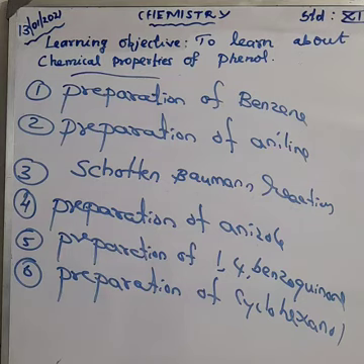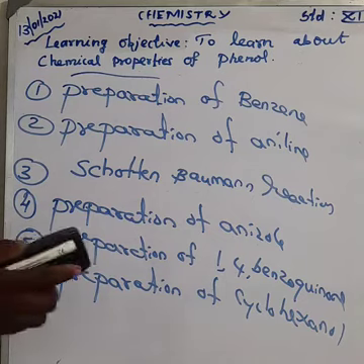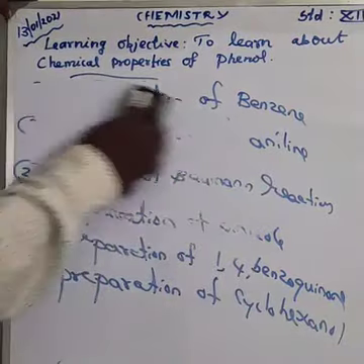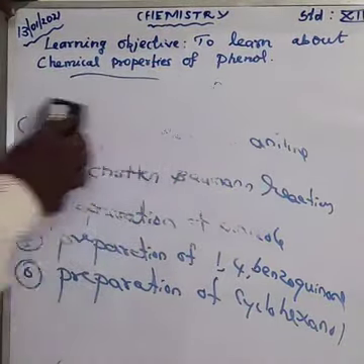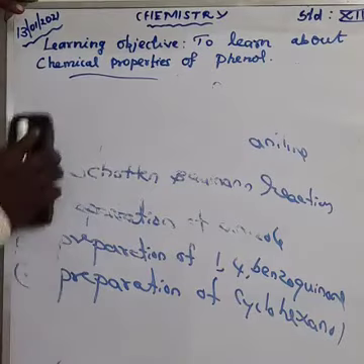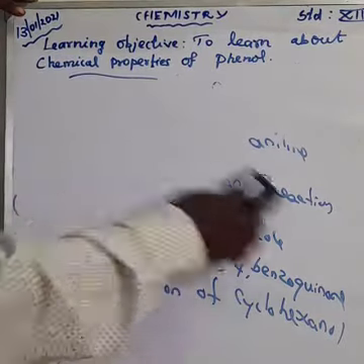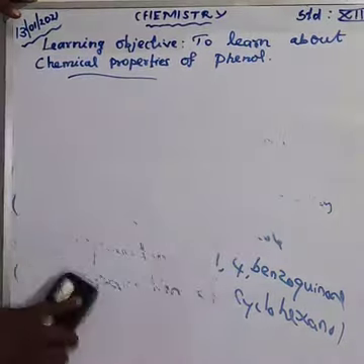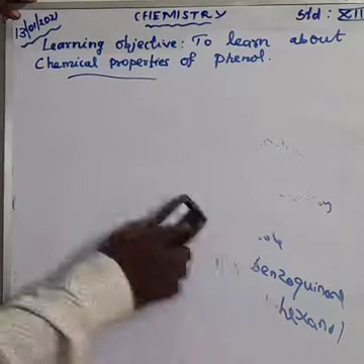Okay. Dear children, these are the chemical properties of phenol. Try to learn at least 3 equations. The first one is about the preparation of aniline, the reaction with ammonia. That is about the preparation of aniline.